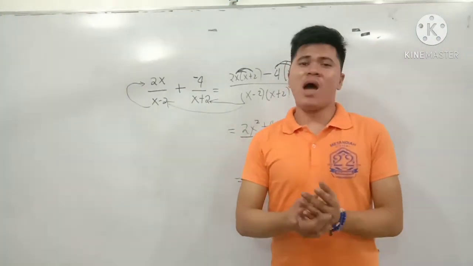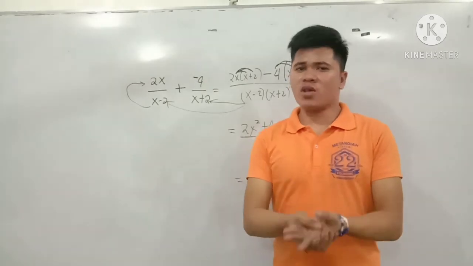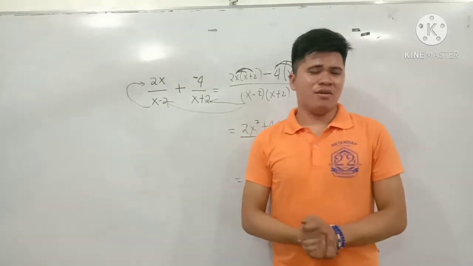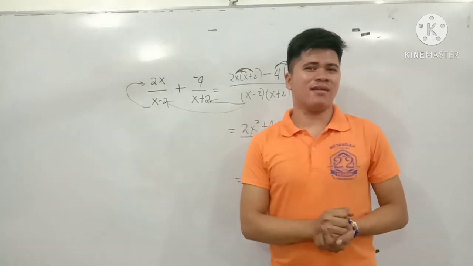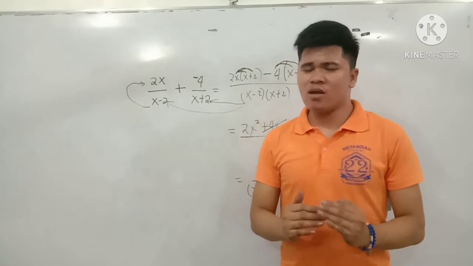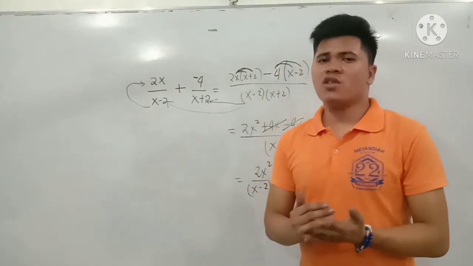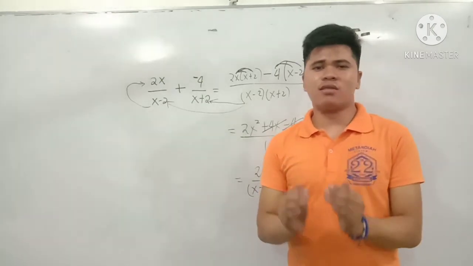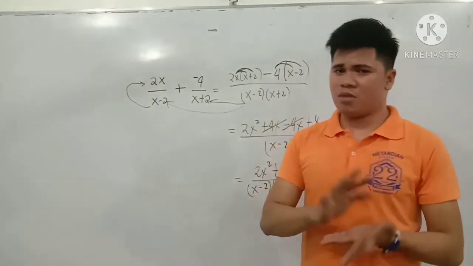Simple as that. So, do you know how to add or to subtract rational expressions with different denominators? Very well. Again, in order to add or to subtract rational expressions with different denominators, we have to get the LCD of the denominators.